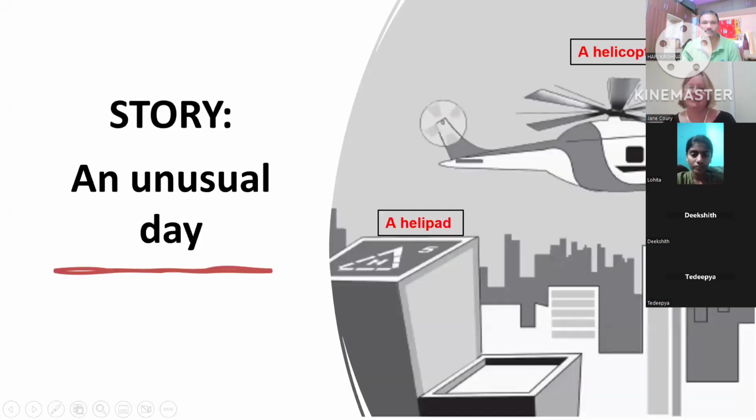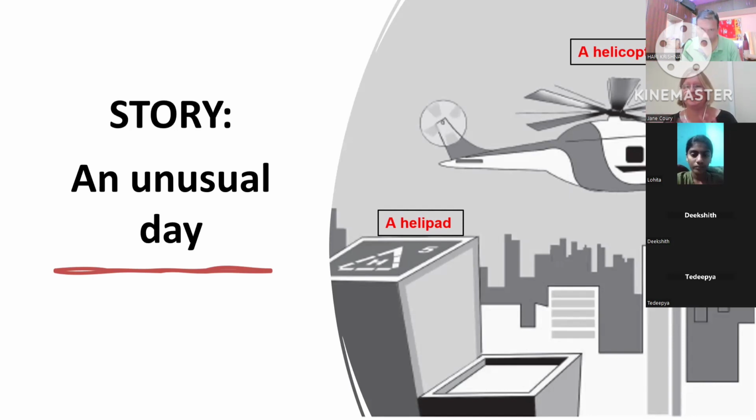The story is called An Unusual Day. And we can see in the picture that there is a helicopter. And I also put the word here, helipad. So a helipad is where a helicopter lands. Okay. And a helipad is normally on top of a roof.